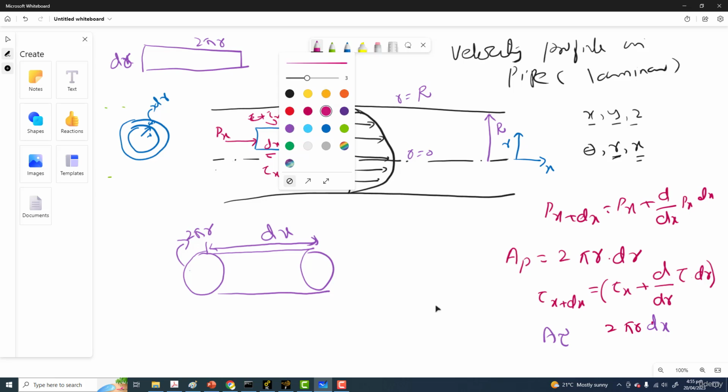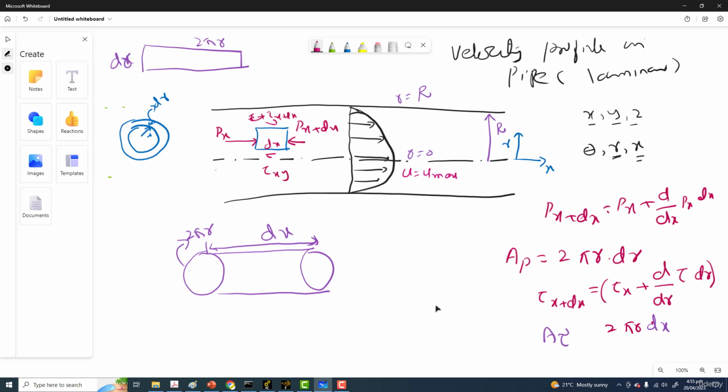At r equal to 0, the velocity is maximum, so u is equal to u max, and the derivative of velocity is 0 at this point, so du by dr is equal to 0. But at r equal to capital R, u is equal to 0. So we have these boundary conditions.